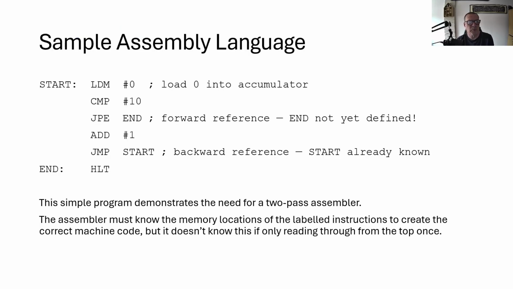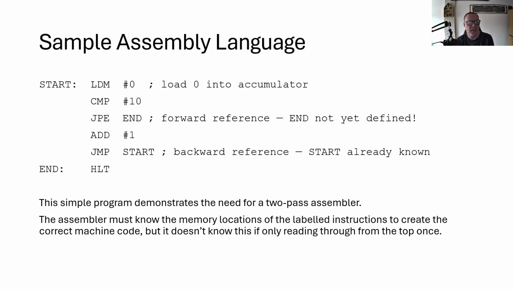So here's a very simple assembly language program. You can see the labels there, start and end, and then there's a sequence of instructions. So the first one is LDM, which is load immediate. So we take the actual value given in the operand, which is 0 in this case, and we put that in the accumulator.